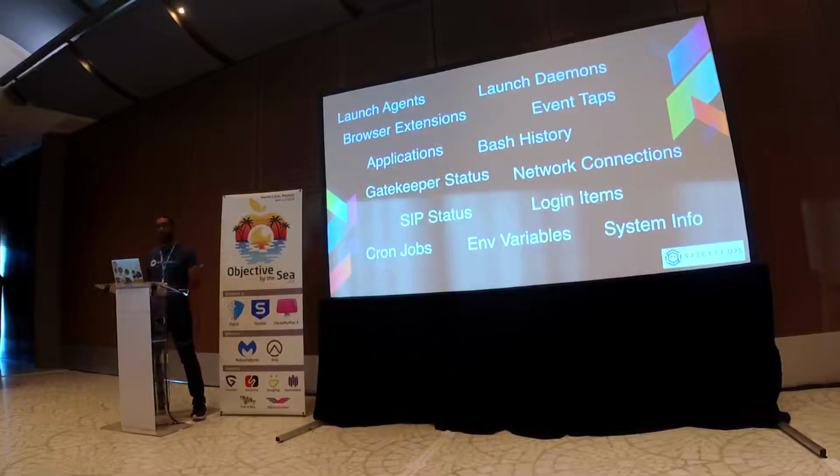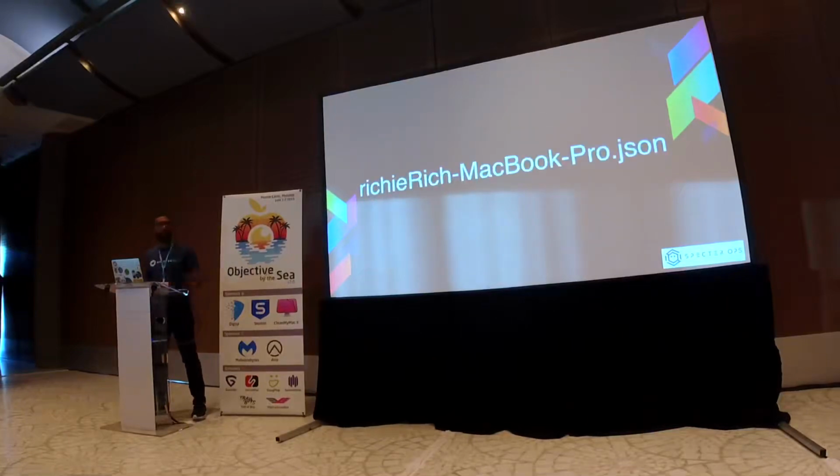When Venator is run, it's just a Python file. When it's run, all these modules are executed, and then it results in a single file that looks like this. And so you have this one single JSON file, and now what you're able to do with this JSON file is directly ship it into a SIEM solution to do additional analysis.